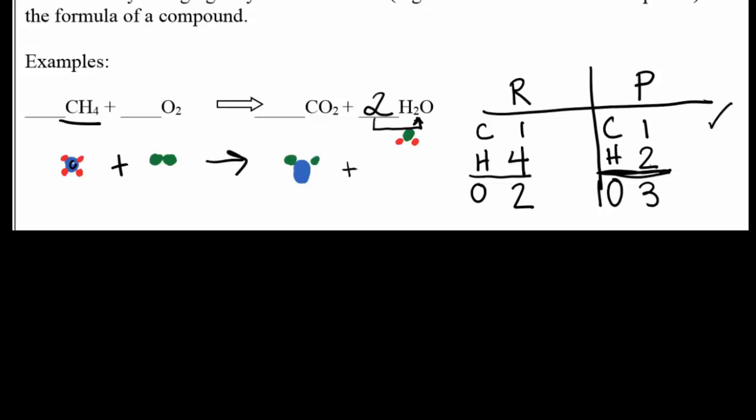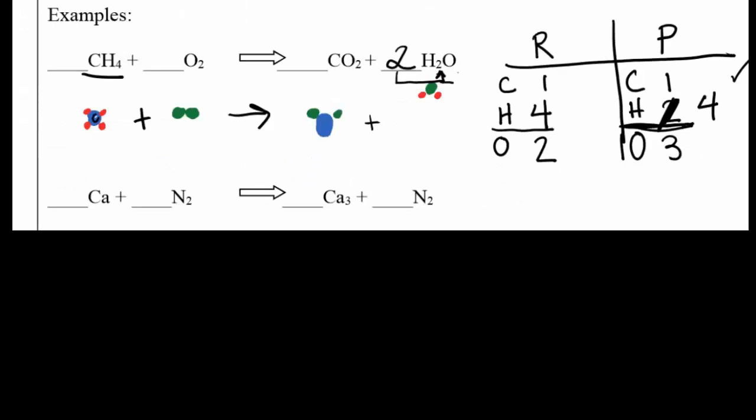So 2 times 2 means that instead of 2 hydrogen atoms, I now have 4 hydrogen atoms. Now how many oxygens do I have? Well, you take your coefficient and multiply it by the 1 oxygen you did have, and now you have 2 oxygens from the water, and don't forget you still have 2 oxygens from your carbon dioxide. So now I have a total of 4 oxygens.